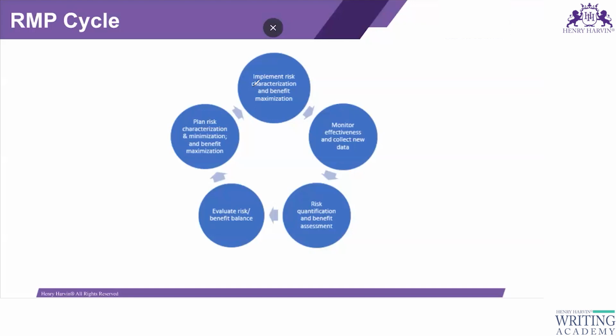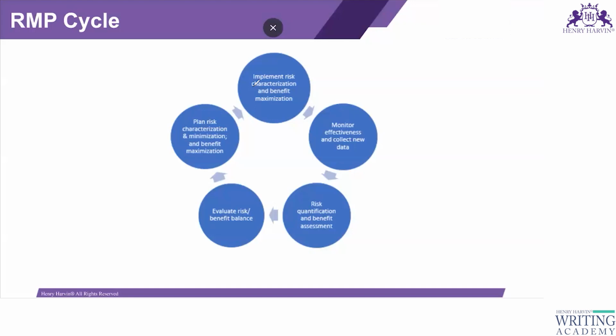Okay, risk is quantified, that is, whether it is serious or non-serious, whether it is frequent or non-frequent, and the benefit assessment is done. And then on the basis of the information which is available, the risk benefit balance is evaluated.